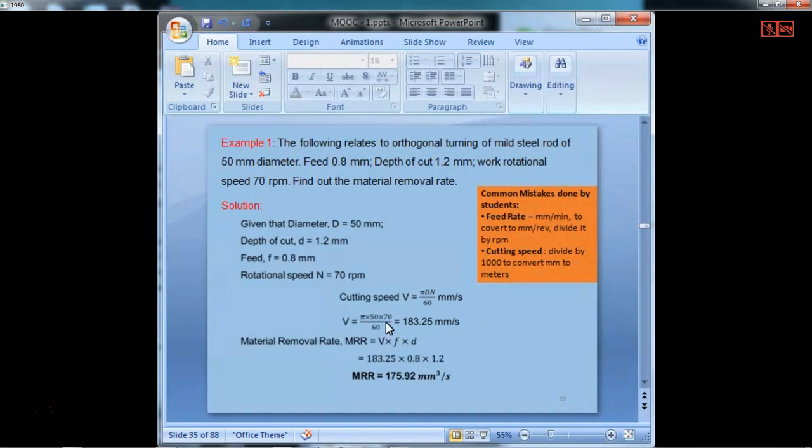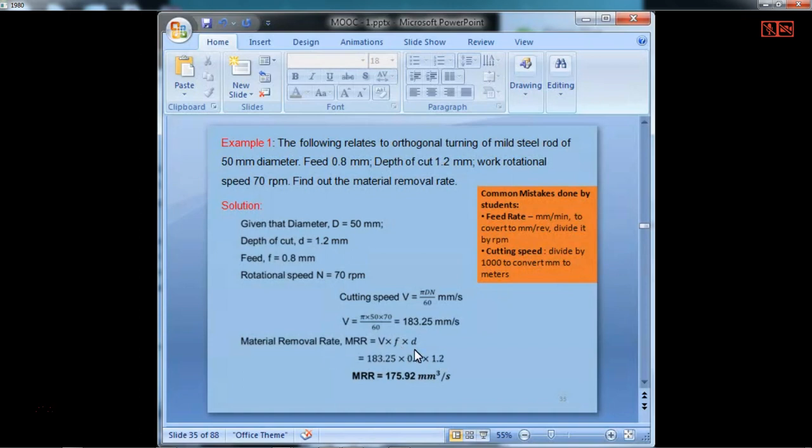Now once you get the cutting speed, we get 183.25 millimeters per second. We are trying to keep everything in millimeters per second, so that it is much easier and you don't make a mistake. For example, if the depth of cut is given in micrometers, convert it into millimeters, and RPM, revolutions per minute, you can make it into per second and then keep it.